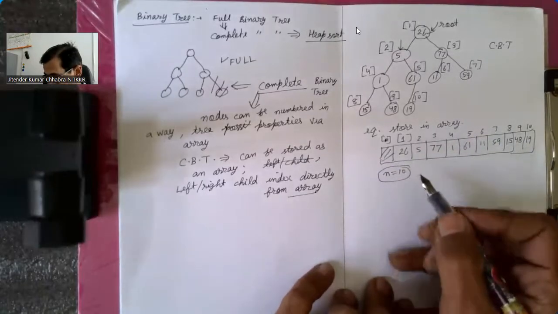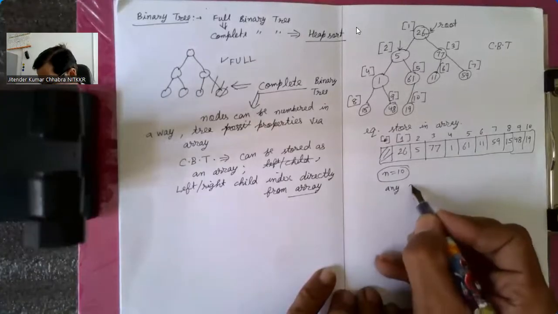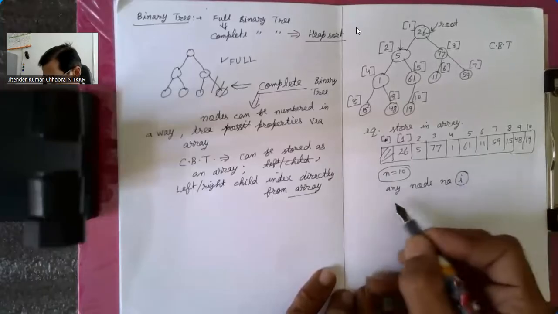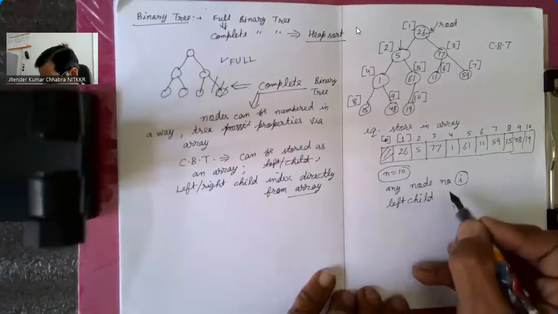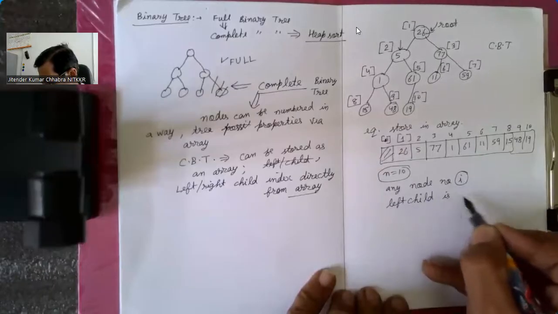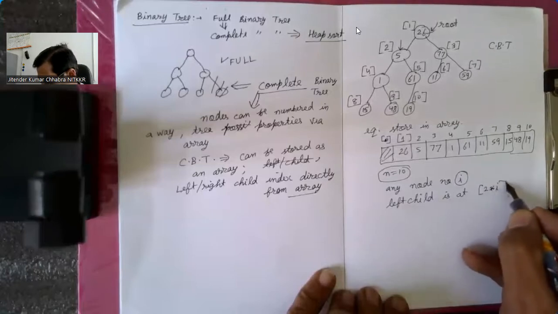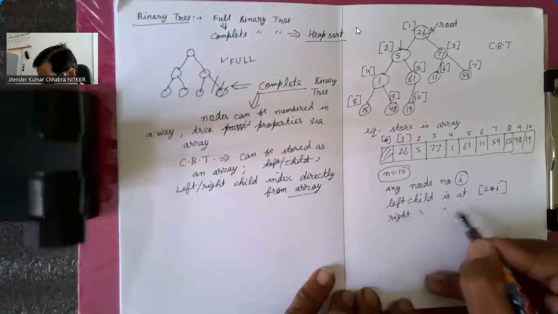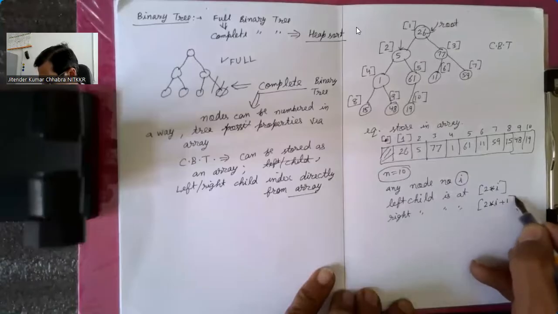But the advantage is that if I have any node number i, I can guaranteedly tell that its left child is at index 2 star i. The right child is always guaranteed to be at 2 star i plus 1.